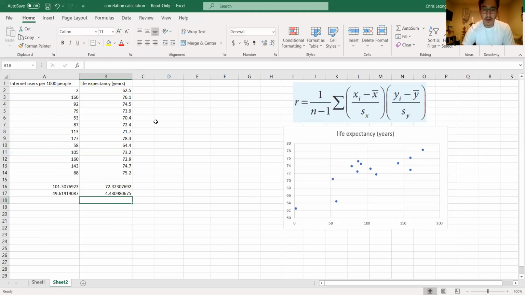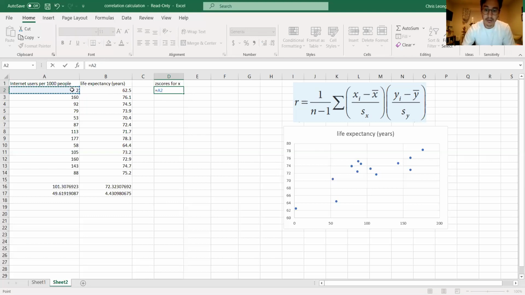All right, so from here, we're going to convert both of these columns of data into z-scores, or standardized values. Let's call this z-scores for x. So I will take the first x value, probably need a parenthesis, subtract the mean, which is 101 point, just call it 31, rounding there, and divide by the standard deviation.